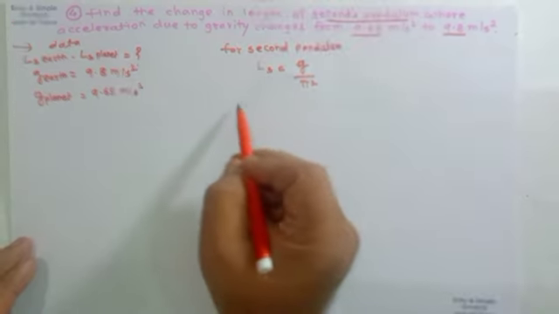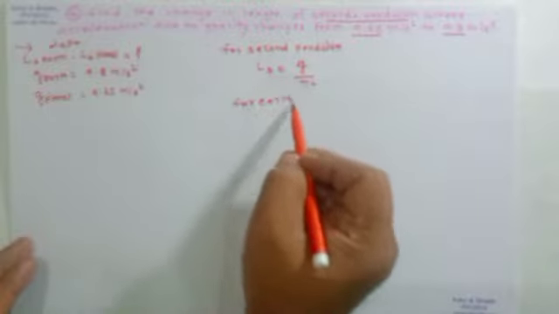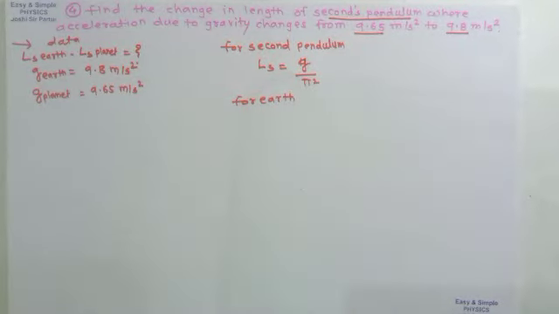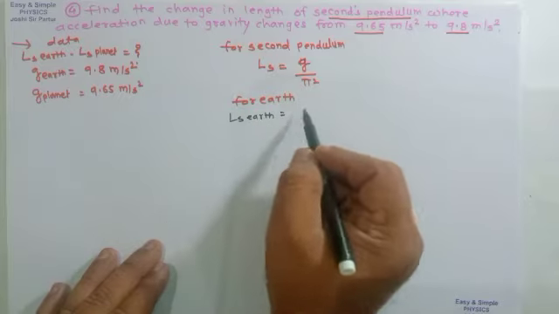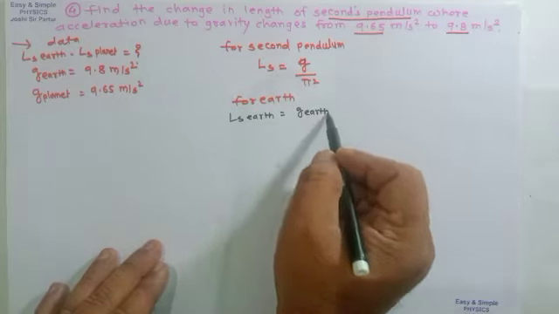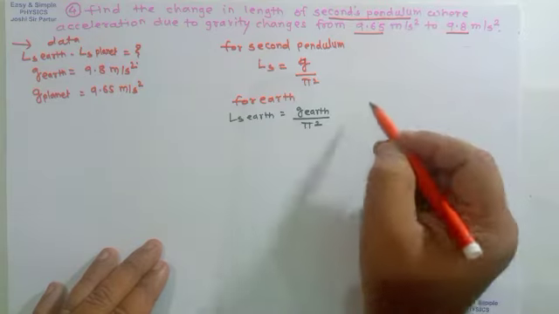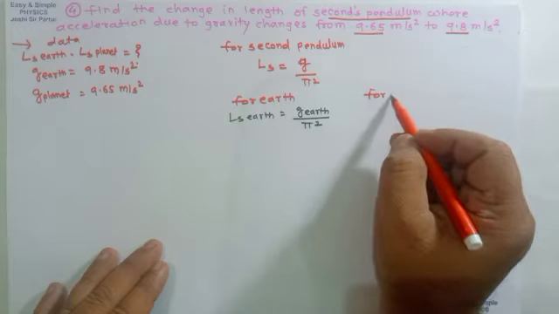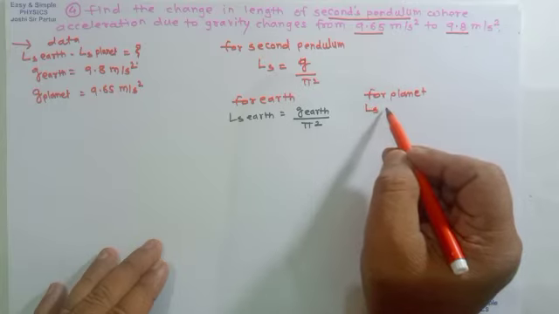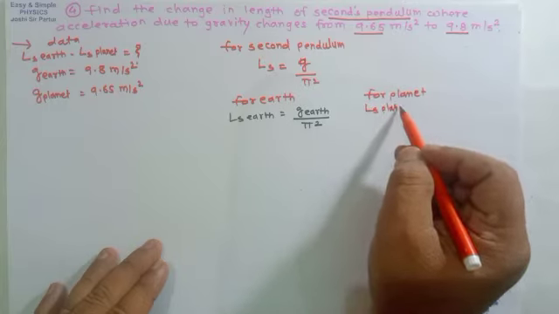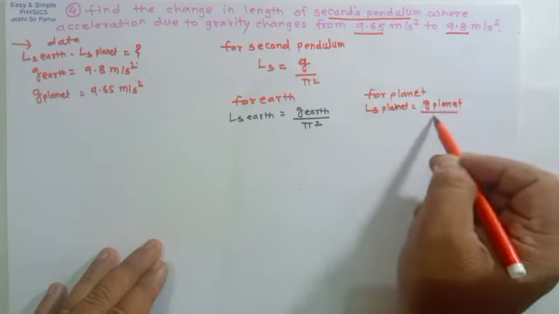So for earth, ls for earth will be g earth upon pi square, and for planet, second pendulum planet will be g planet upon pi square.